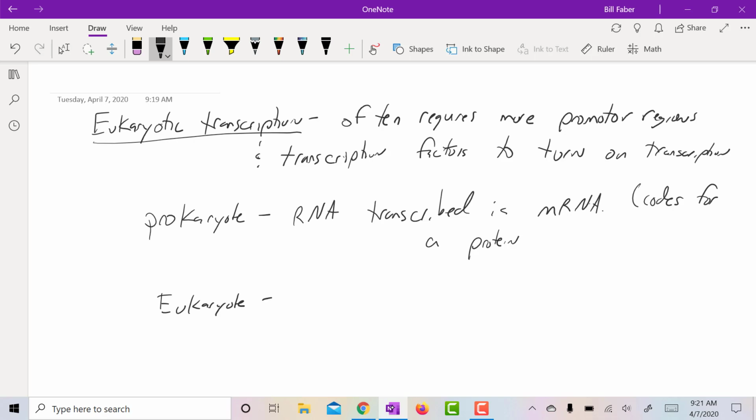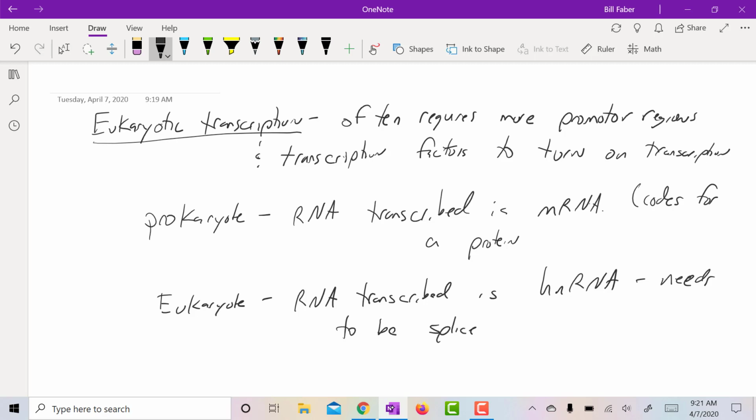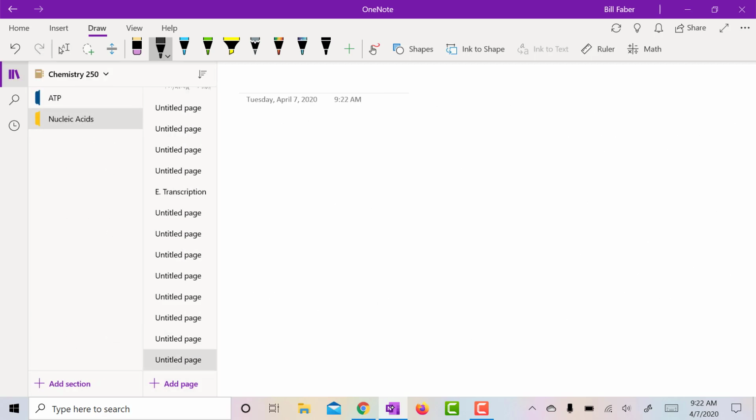What happens is the RNA transcribed is heteronuclear RNA. So it needs to be what we call spliced. Okay, let me explain what's happening when you splice a piece of hnRNA.